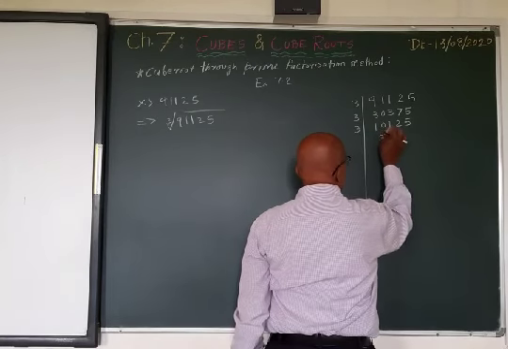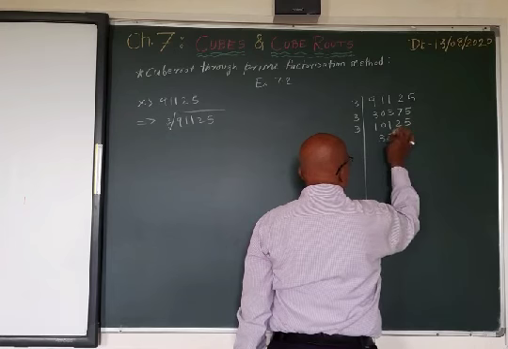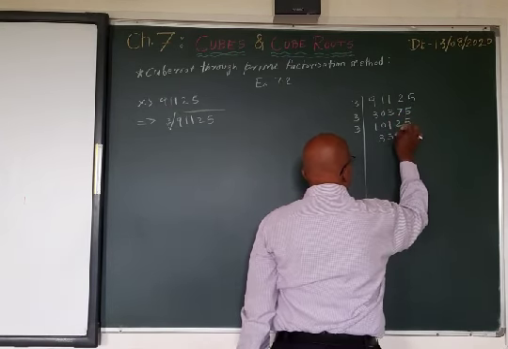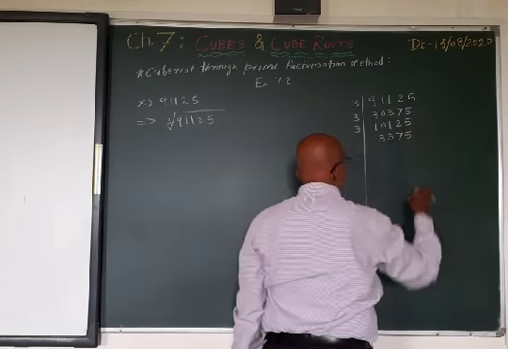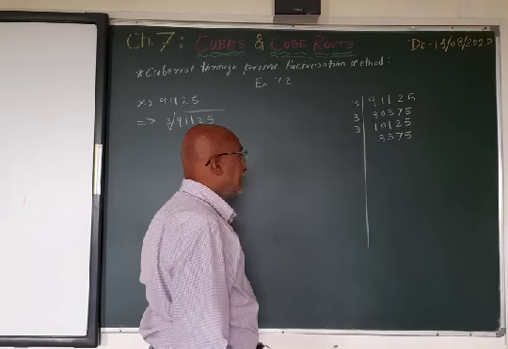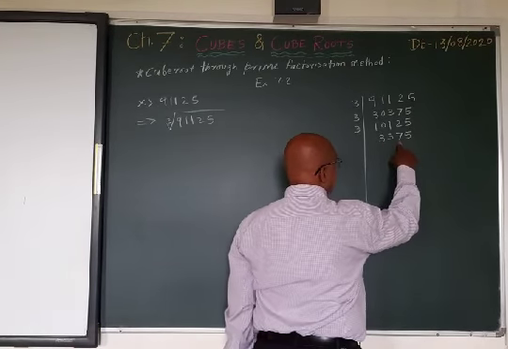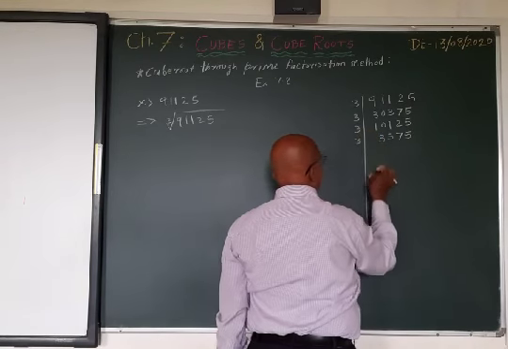So 3 3s are 9, 3 3s are 9 again, 2, 3 7s are 21, 3 5s are 15. Now 6 and 7, 13 plus 5, 18, again divisible by 3.